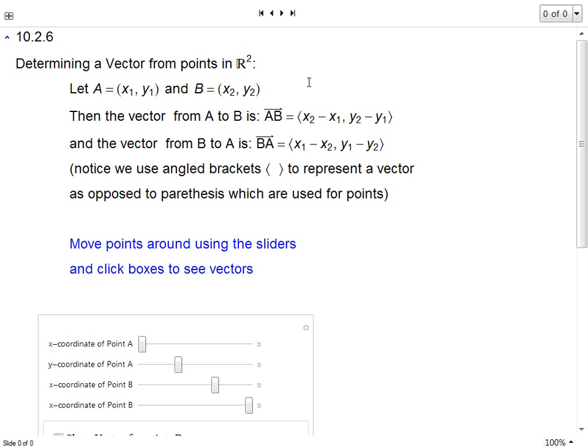It's a point in two-dimensional space, right? An x-coordinate and y-coordinate. Let B be a separate point, x2, y2. Then the vector from A to B is x2 minus x1, comma y2 minus y1, with these little things around it instead of parentheses. What are those called?